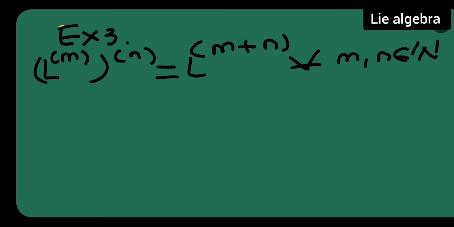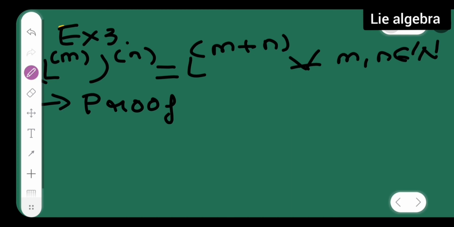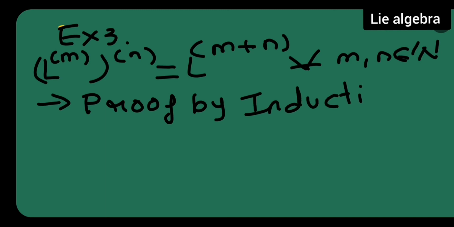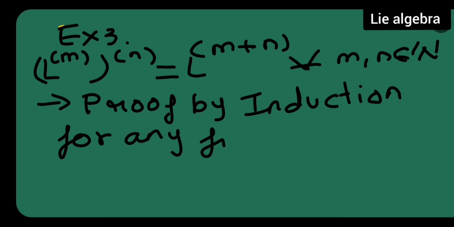Now this is proof by induction. For any fixed m belonging to natural, m is arbitrary.